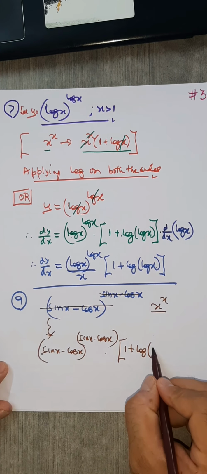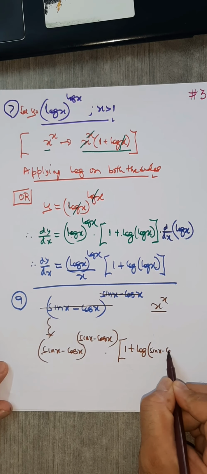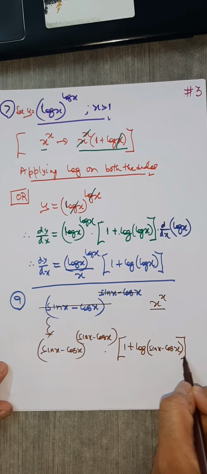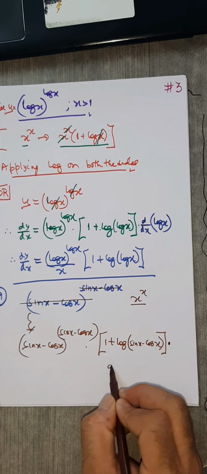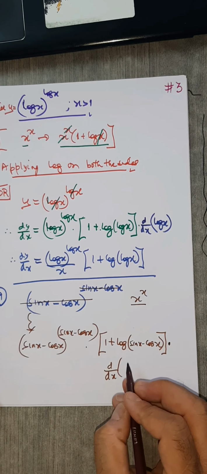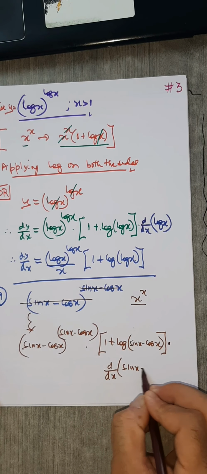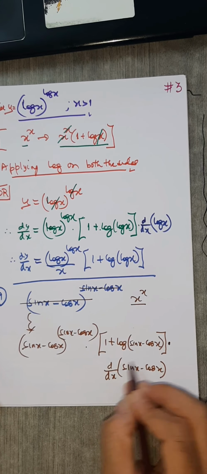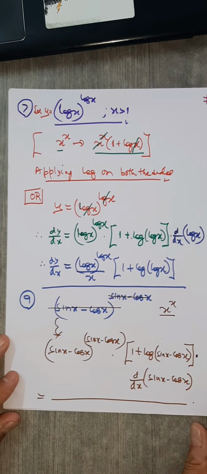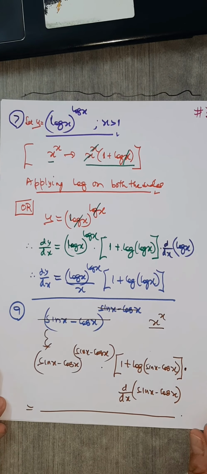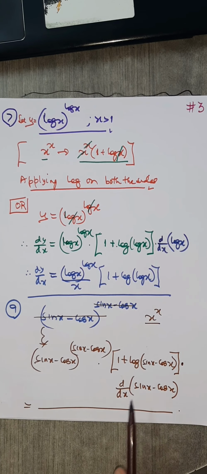But what is your x? That is sin x minus cos x, into, by chain rule, d by dx of what you considered x. Which one had you considered x? Sin x minus cos x. So you know the differentiation of this, so you'll get the final derivative. This is just for your information. In MCQs you can do it like this directly. Here you need to write the derivative, so you'll get the final answer.